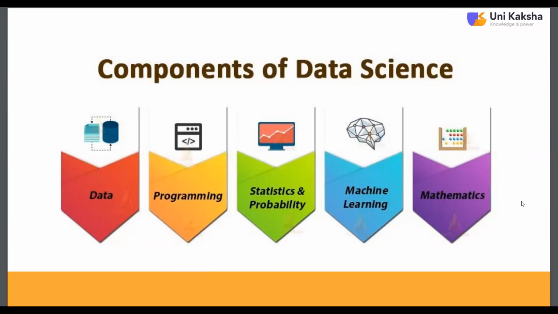For that purpose, we need to understand some concepts from statistics and probability. As we are talking about the prediction of data or of some parameters, it obviously includes the study of probability. That's why statistics and probability come as an integral part of data science.